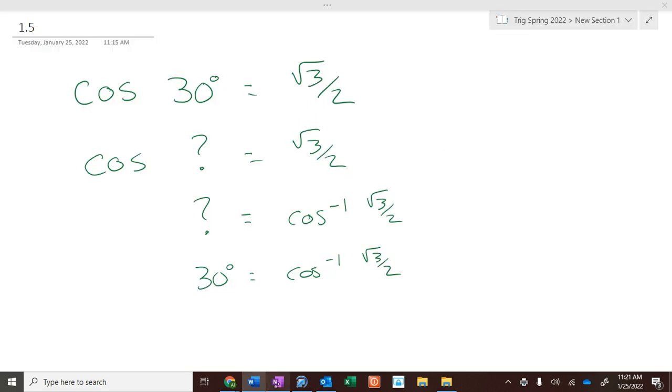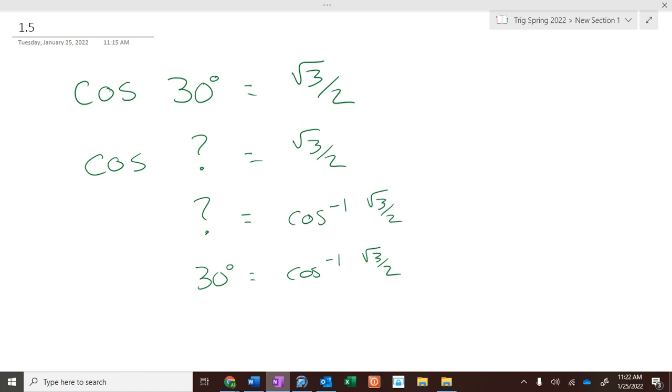Oh no, that puts us in a conundrum. Which should be the correct answer? Should it just be 30 degrees? Or should it be 330 degrees? Because that also works. And so the answer is, some of you would say, well, 30 degrees comes up on my calculator when I hit it. So that should be the answer.